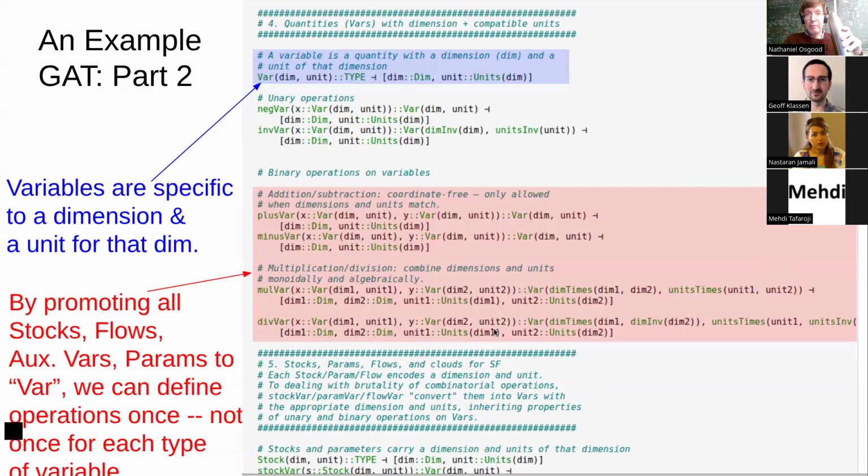And similarly for div. A key thing to realize here is that this allows us to combine things of different dimensions, and units compatible with that, and get something of a different unit and dimension. Whereas when you add things, they have to be the same unit in the same dimension.